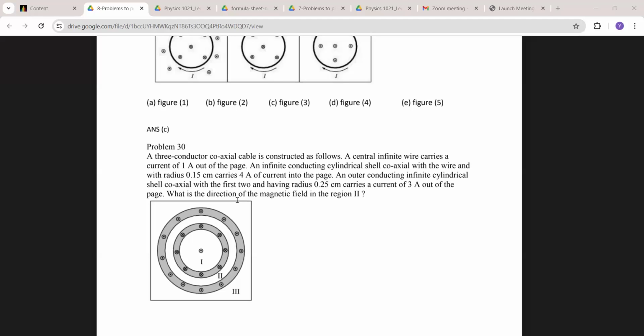So this is 4, this is 1, and this is 3. And here, 1 ampere out of the page, so this is out, 4 ampere into the page, 3 ampere out of the page, so this is out.